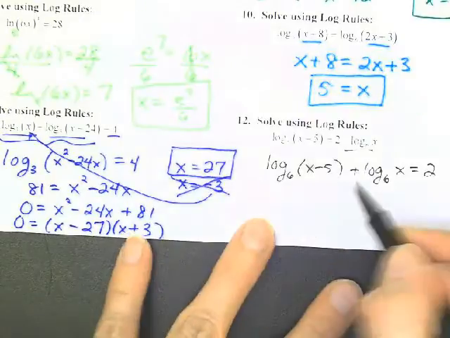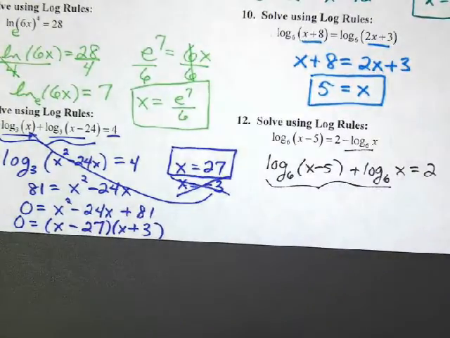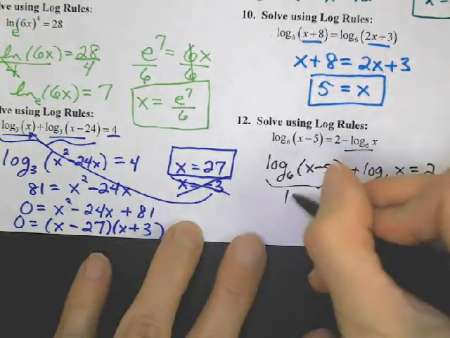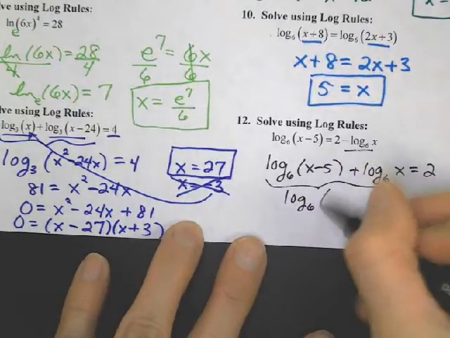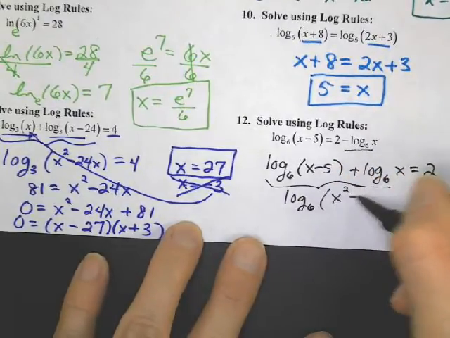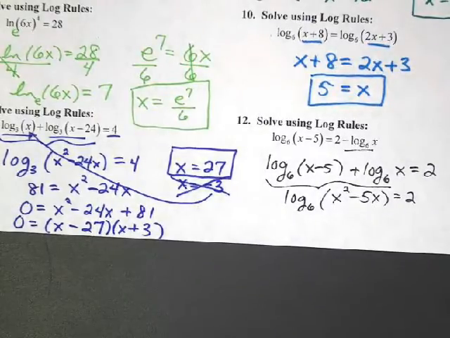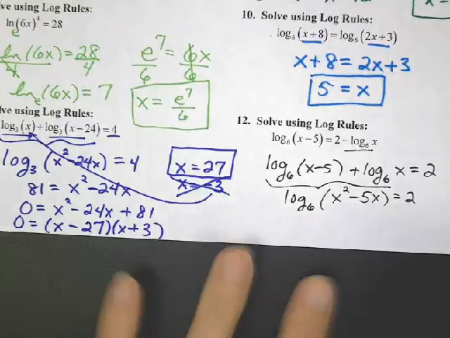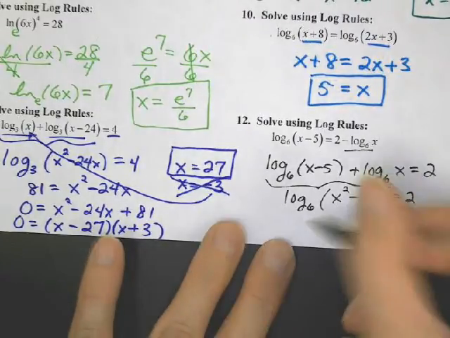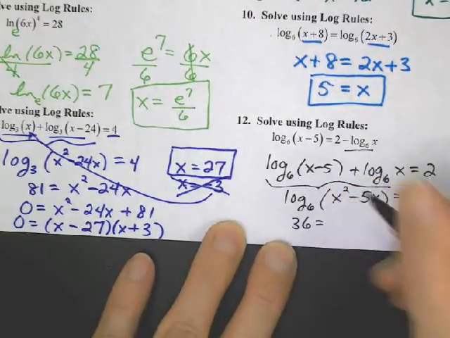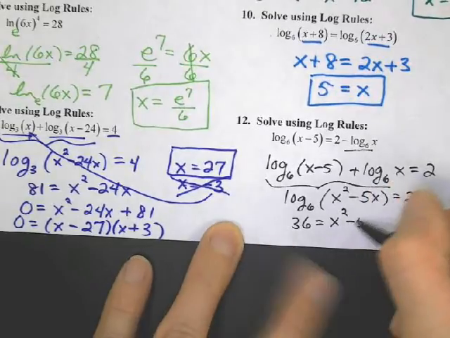All right, now there's too many logs. I'm going to combine 2 logs into one log. Log base 6 of x squared minus 5x equals 2. When you get stuck in the log, you're going to go ahead and use a log circle. 6 to the power of 2 is 36 equals x squared minus 5x.